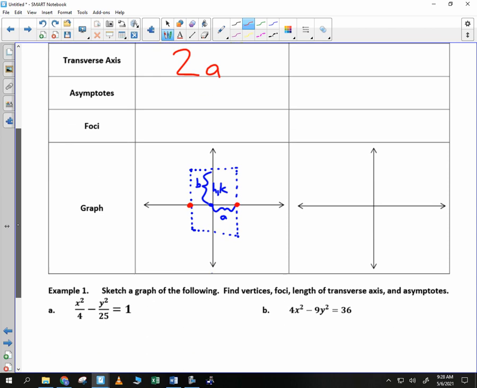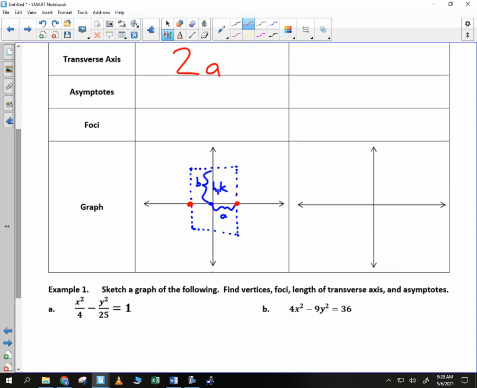In order to graph the hyperbola, I need the asymptotes. This is why the box is so great. The asymptotes go through the center and the vertices of the box. Have you seen asymptotes before?